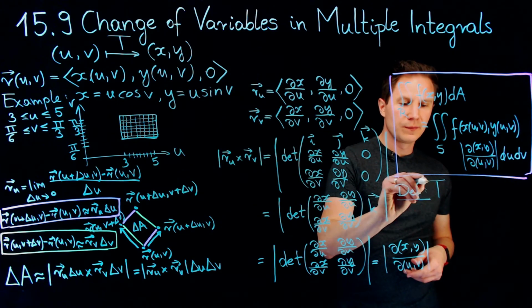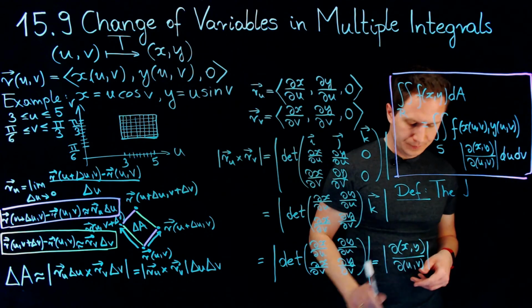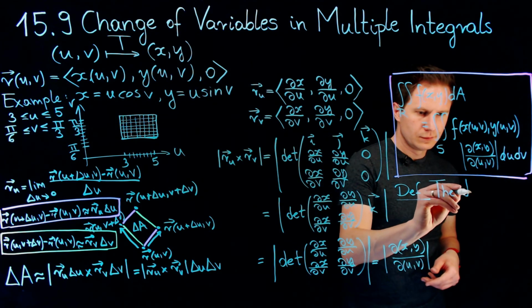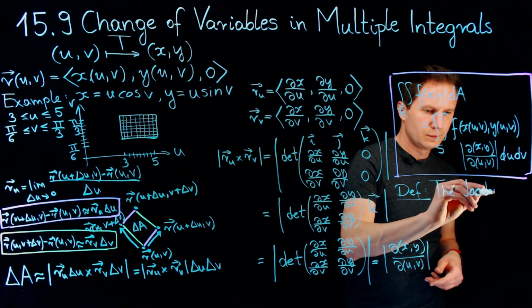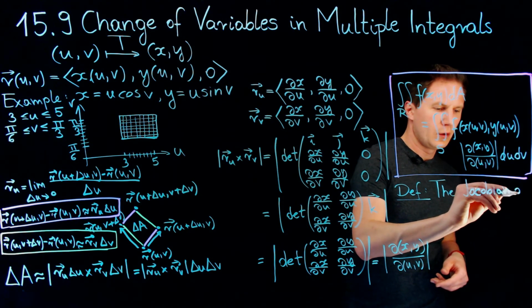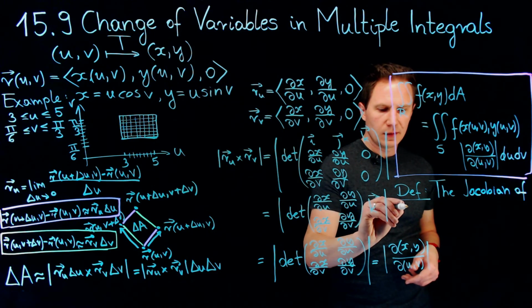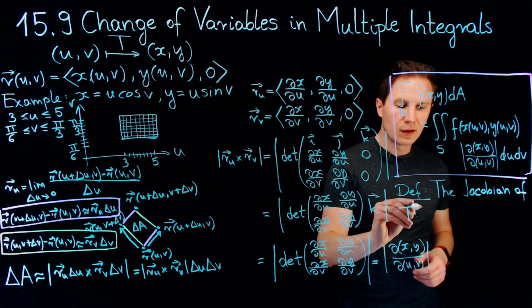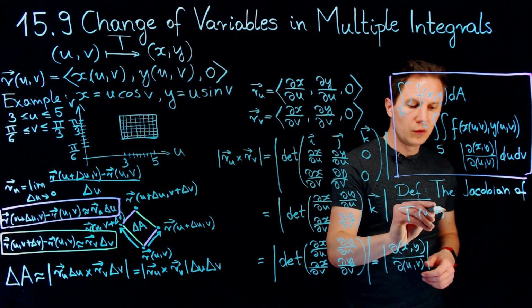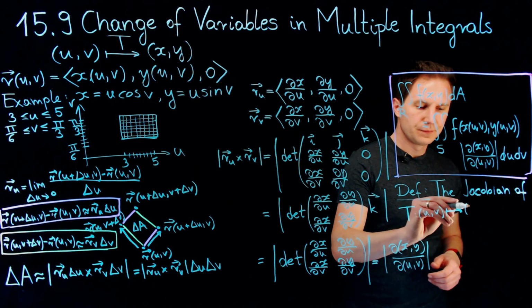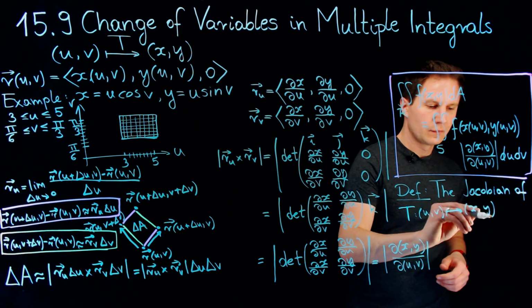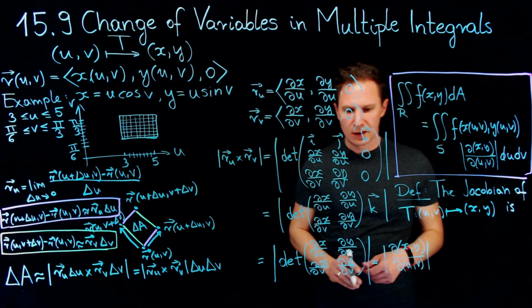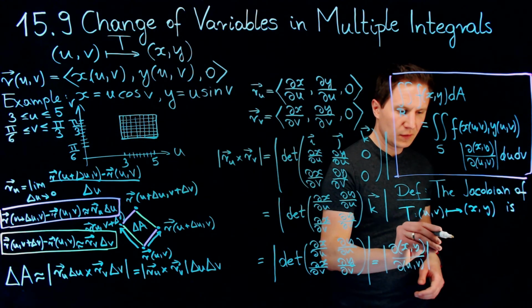The Jacobian of T, which maps uv to xy, is the following 2 by 2 determinant.